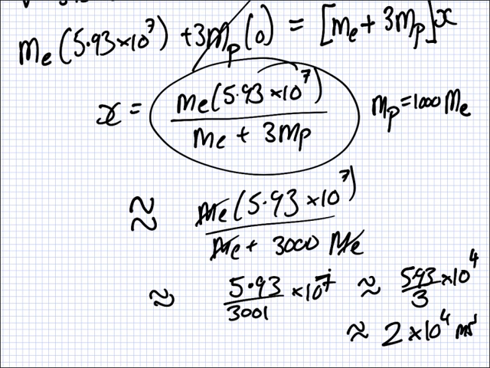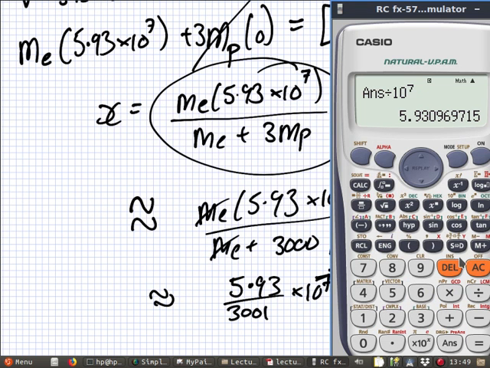So let's find out. Mass of the electron plus 3 times the mass of the proton.